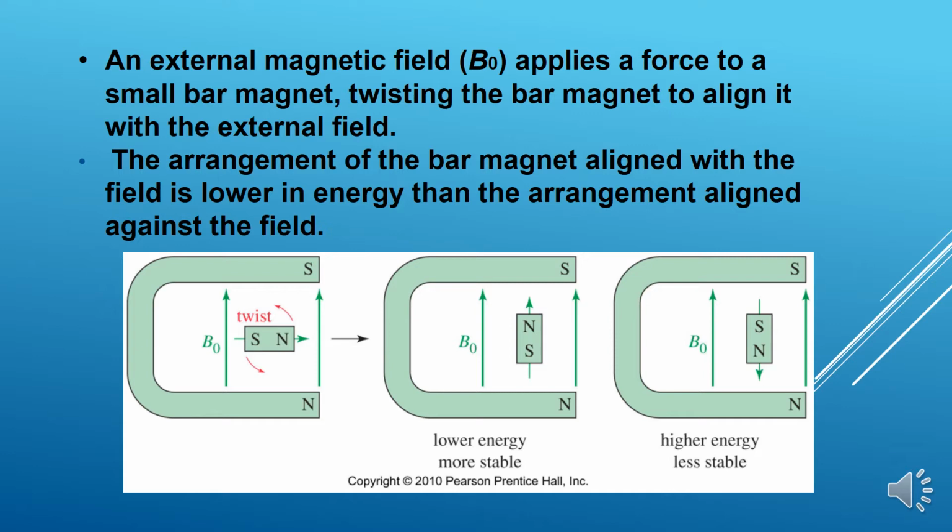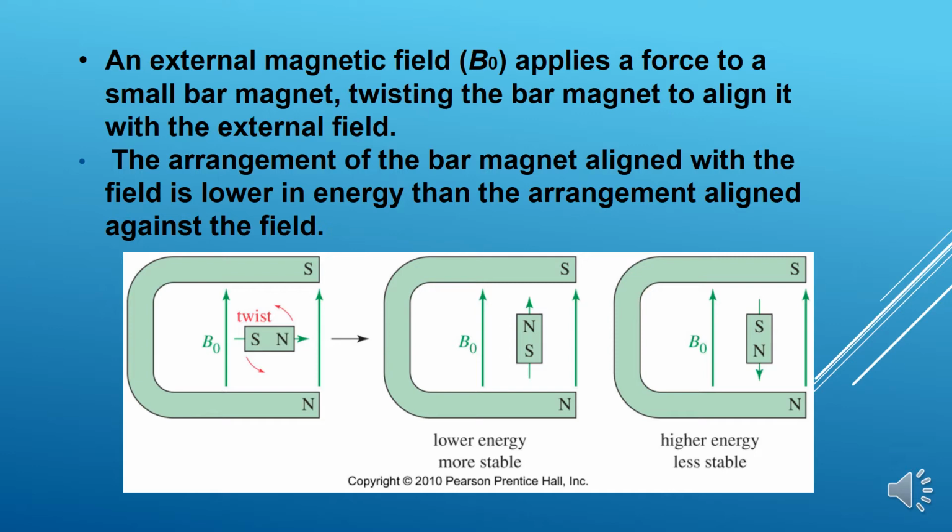They are more stable also, because unlike poles attract each other, isn't it? So that requires less energy. Suppose we twist them south to south and north to north, it requires much more energy, because like poles repel each other.